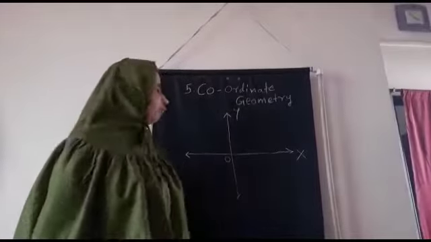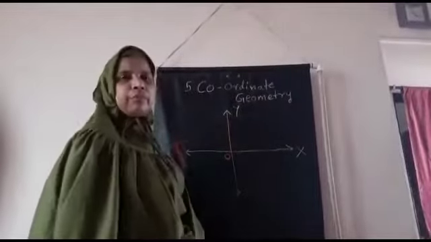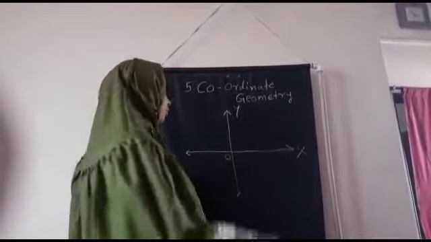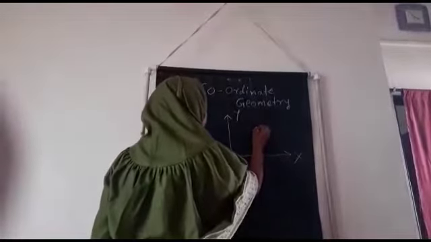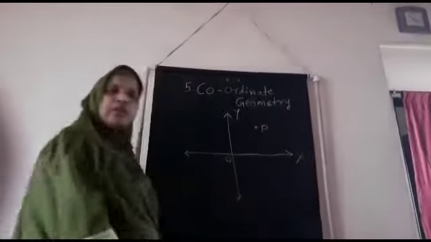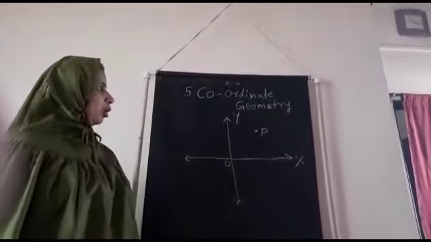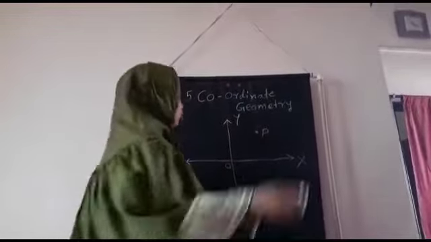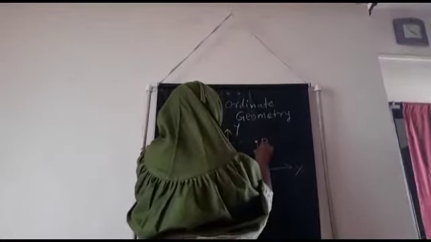Now if points are located in the plane where these two axes, x and y axis, lie, suppose we take this point P. Point P is lying here in this location. Now let us find out the coordinates of point P. For that we can draw perpendiculars to both axes, to the x-axis and to the y-axis.